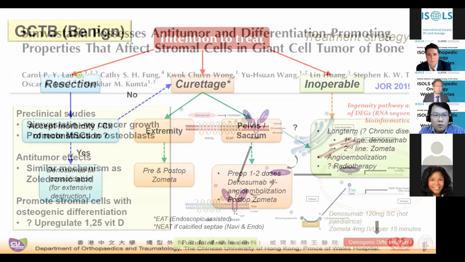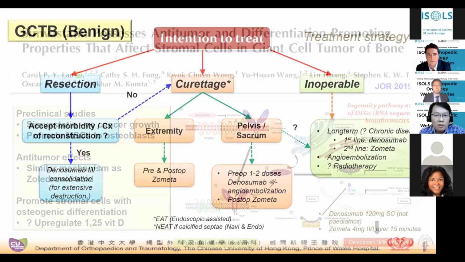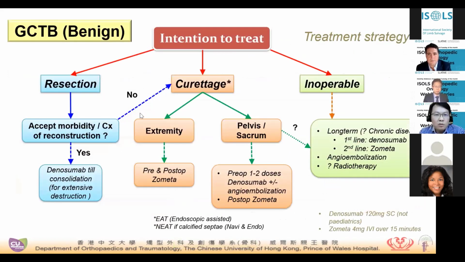So at the end, because of all this evidence, we find that instead of using the drug to decide the treatment strategy, we should initially have an intention to treat, whether it's resection, curettage, or inoperable, before you decide what kind of drugs to use. And also one consideration is whether the patient accepts the morbidity or complications of the reconstruction.